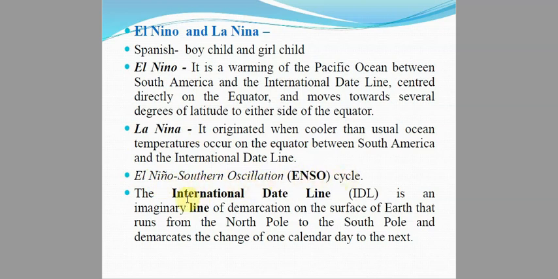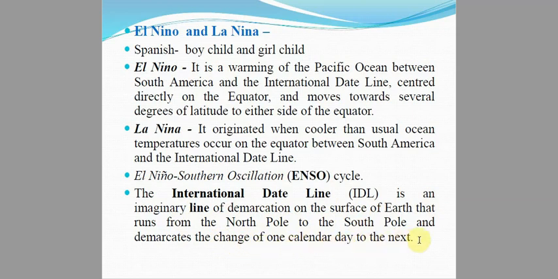And what is the international dateline? It is an imaginary line of demarcation on the surface of Earth that runs from the North Pole to the South Pole and demarcates the change of one calendar day to the next.